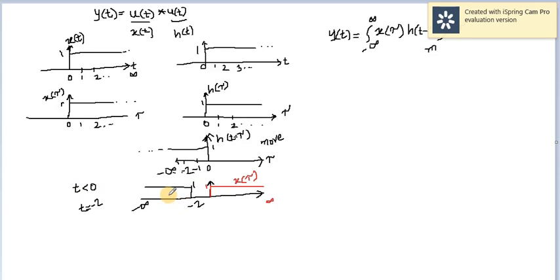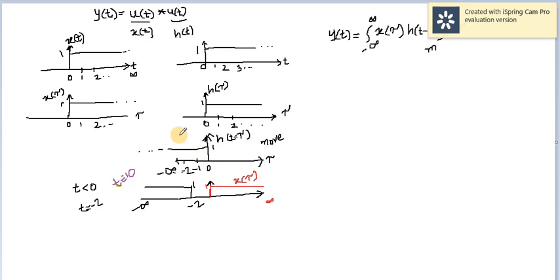If I choose the value of t, let's say, as minus 10, then this signal is left shifted by 10 units.